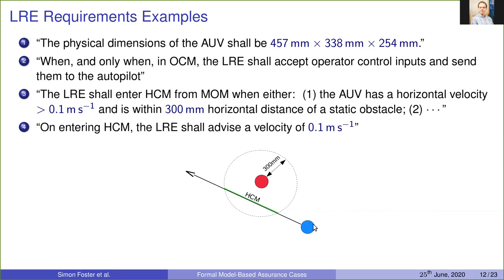Right, so here's the AUV, it's passing along and it's going to go through this 300mm safety bubble, where this is the obstacle here. And when it does, it will continue going, but it will drop its speed. It will enter high caution mode until it exits the safety bubble, in which case it can return to full speed. And when it's in high caution mode, it drops its speed to 0.1 meters per second, where the normal speed is 1 meter per second.